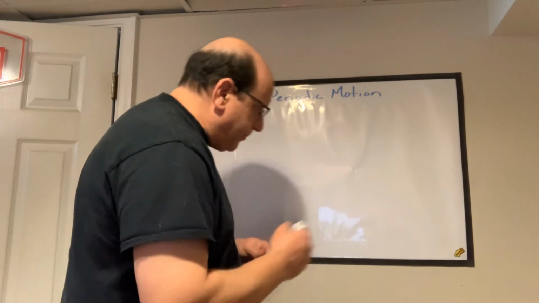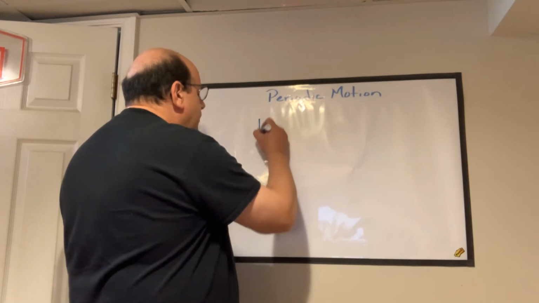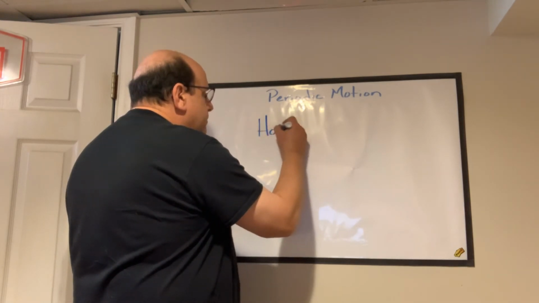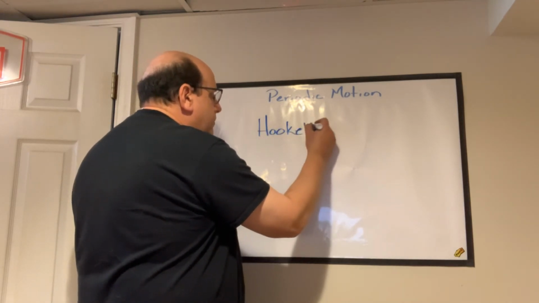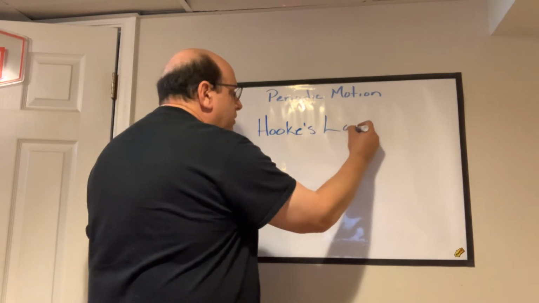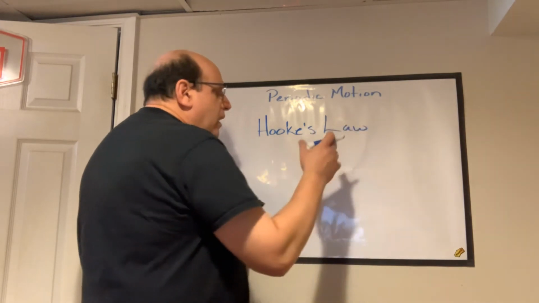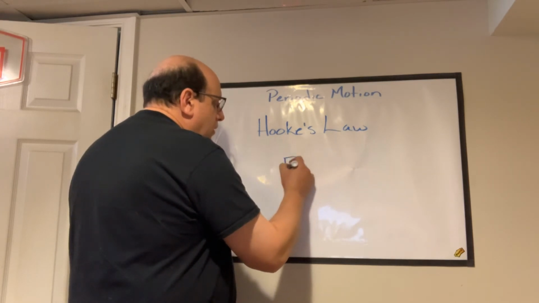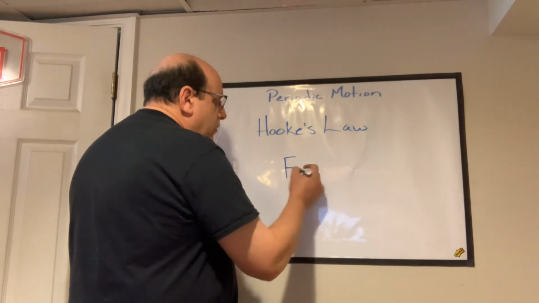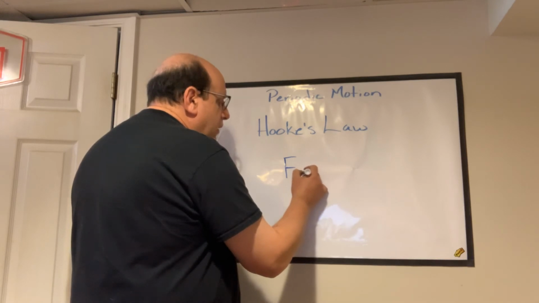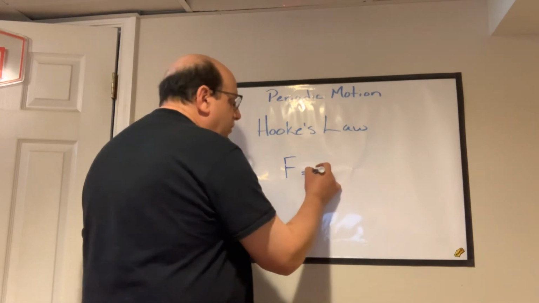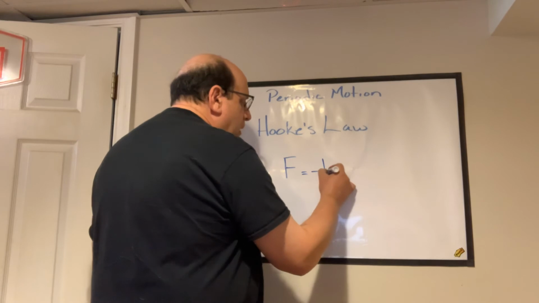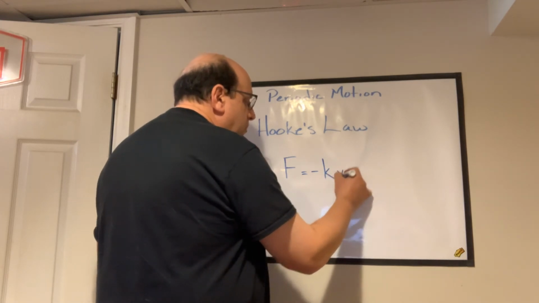And Hooke's law simply states that the force applied to a spring is going to be equal to the spring constant times the amount of distance.